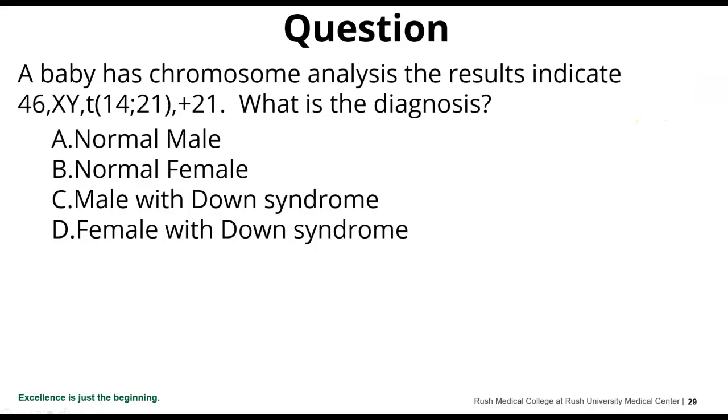So the diagnosis: XY is a boy, and when we see this, it is a male with Down syndrome. This may be like a question you might get on your exam. If it was 45,XY,t(14;21), it would be a normal male.